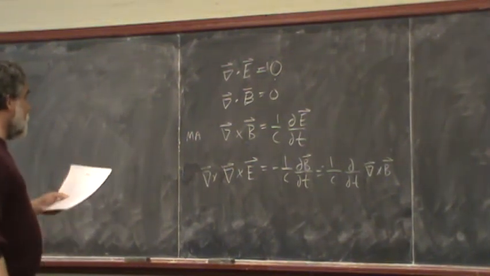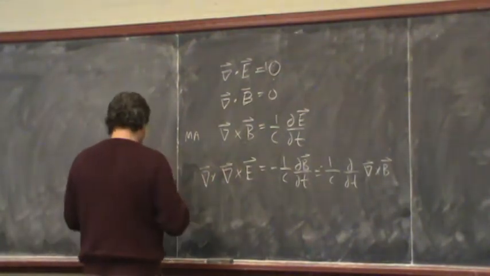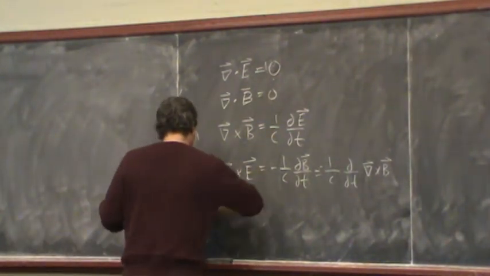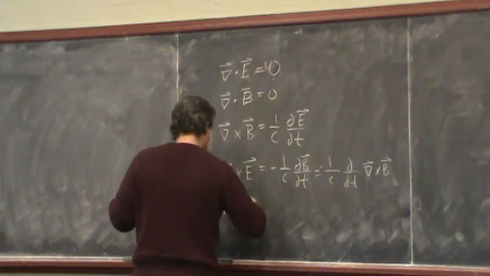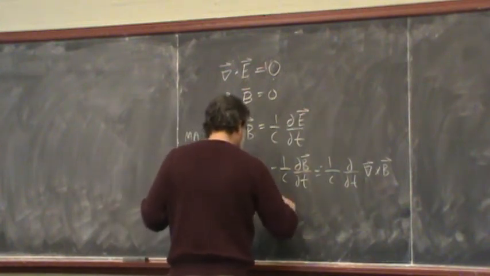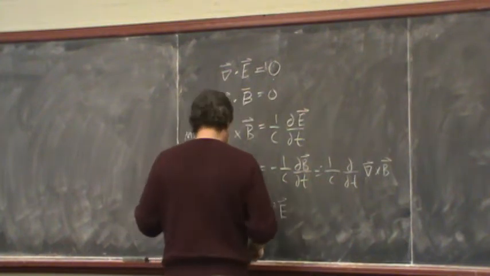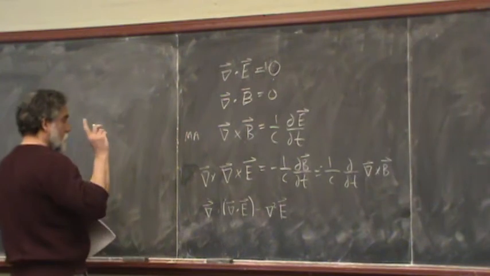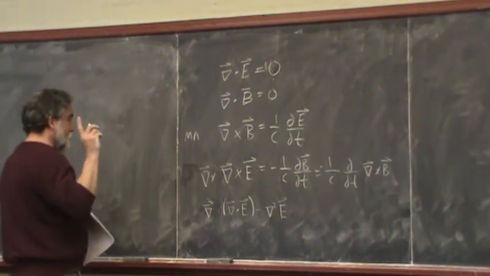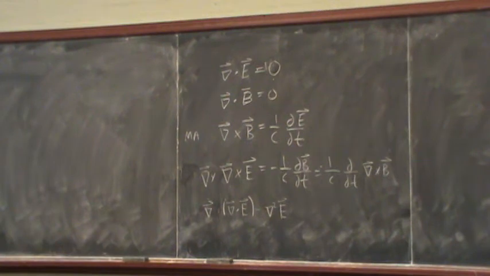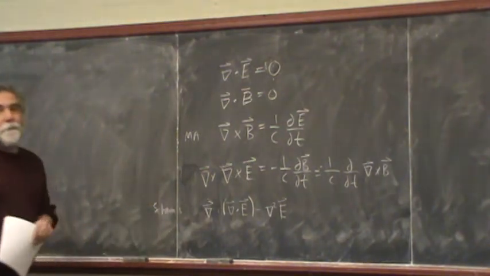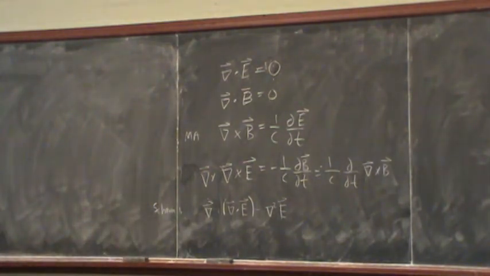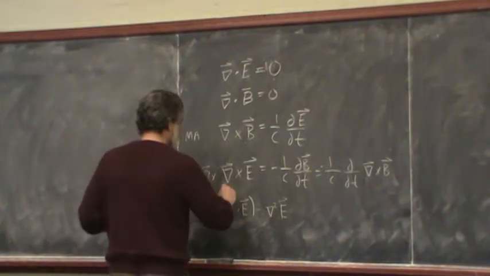Right. I'm going to use the vector identity: curl of curl is a little neater, gradient. That's my reference, because Schaum said so.